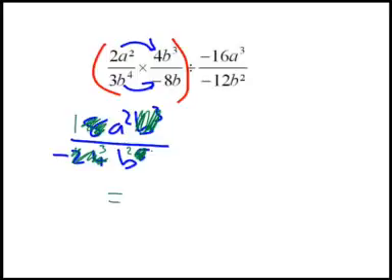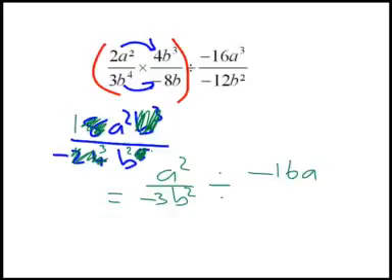So we'll have left from the first two terms a squared on top and minus 3b squared at the bottom, then being divided by minus 16a to the power of 3 minus 12b to the power of 2.